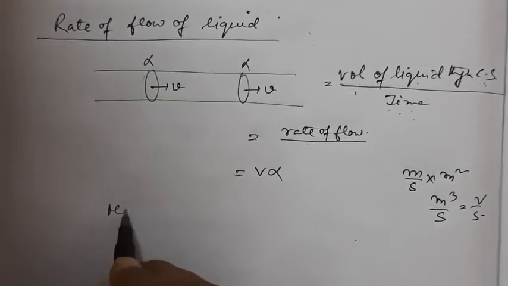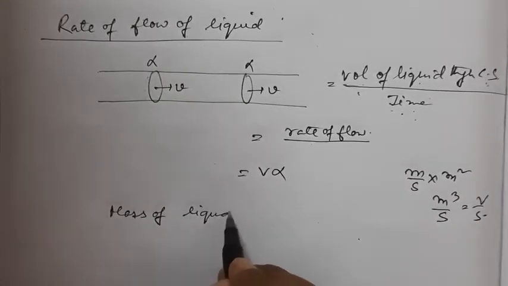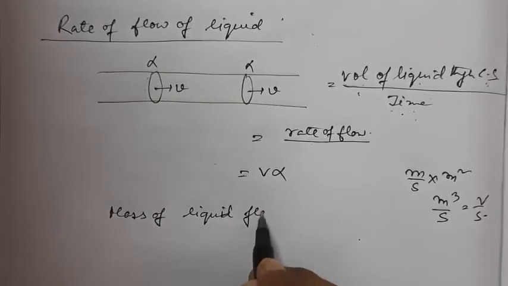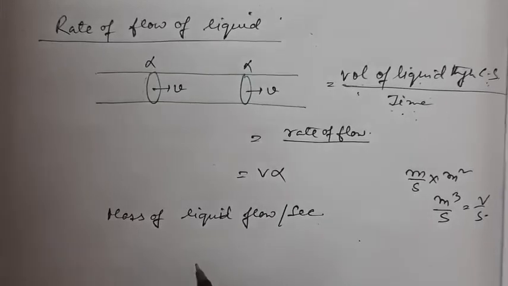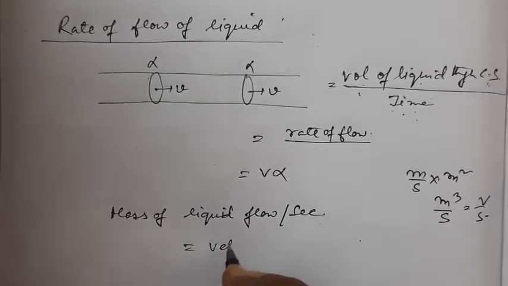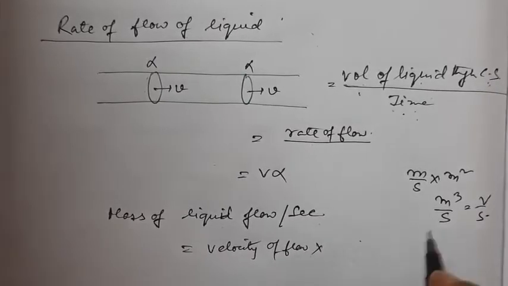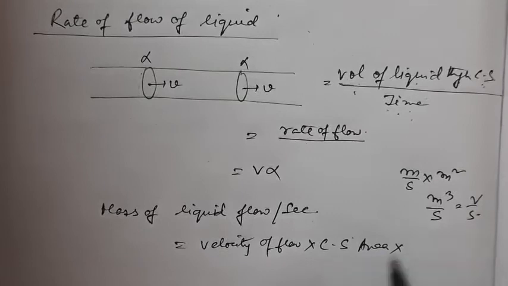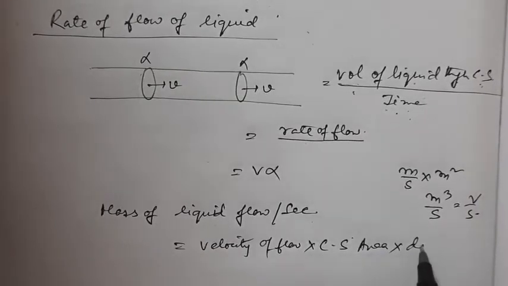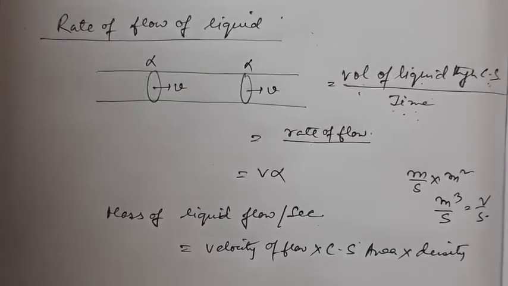Now the mass of liquid flow per second, that is velocity of flow into cross sectional area, multiplied with density rho.